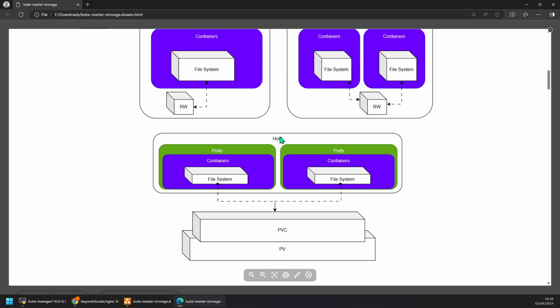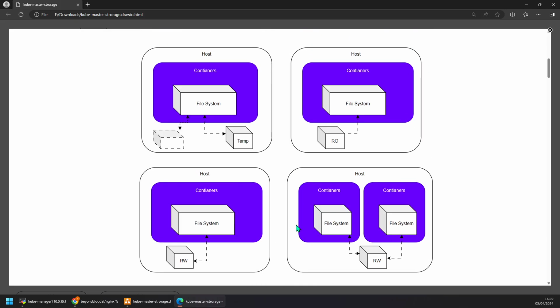You can see that in this particular method we are using something called pod-level sharing. As you can see over here, both the pods can get the content of this. Previously we were talking about the pod level, but within a single pod.